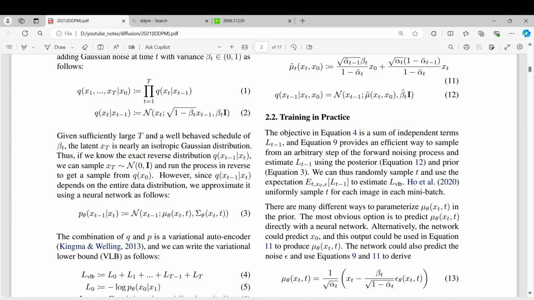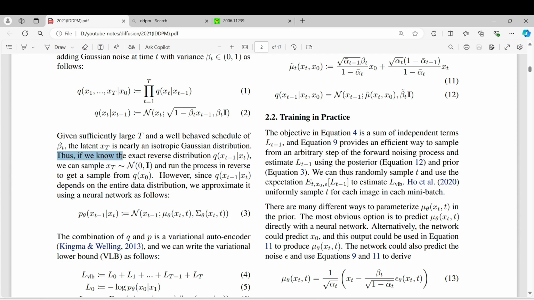If you increase T and set this beta parameter properly, you can obtain x_T, and that last step is nearly isotropic Gaussian. It means it has the same intensity in all directions. Isotropic means having the same property across the whole distribution, with mean zero and unit variance.